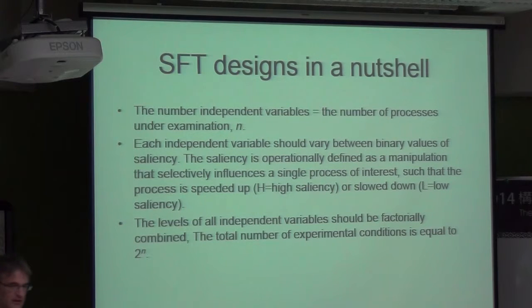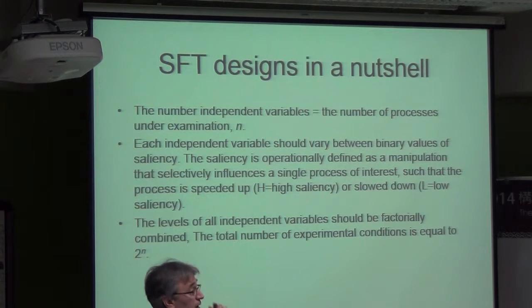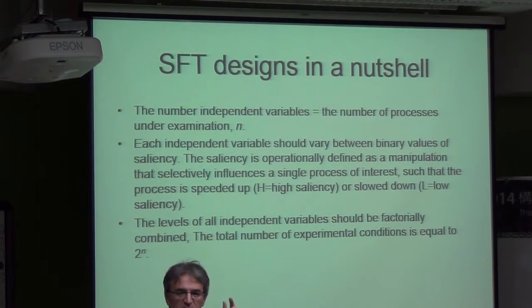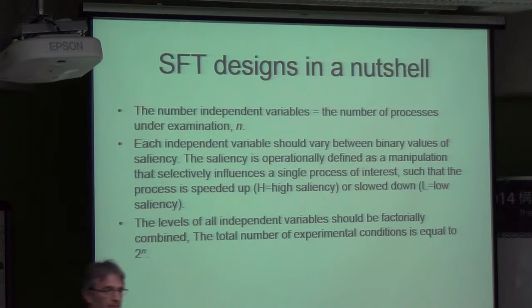We have at least two variables, and we have to manipulate the saliency of these processes. That means, again, if we have second-order relational features like eye separation, we have to find an eye separation that makes a high saliency case and an eye separation that makes a low saliency case, at least. Now if you combine the two, you have to combine them in a factorial fashion.